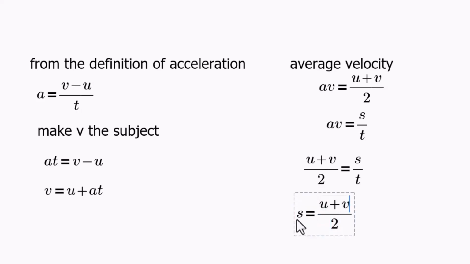Don't forget, I'm supposed to put it in brackets. Then T will now be outside. So when you cross multiply, T multiplies U plus V all over 2.